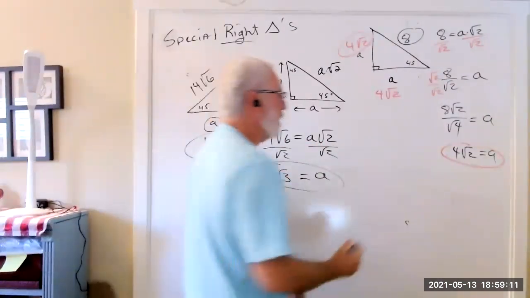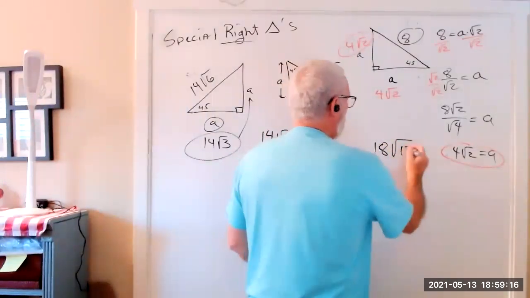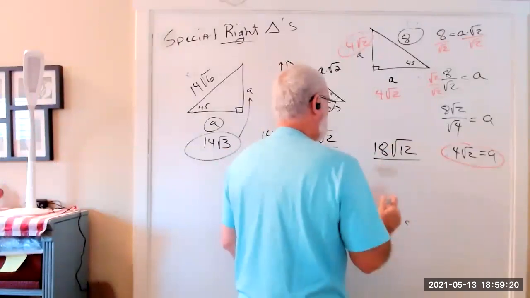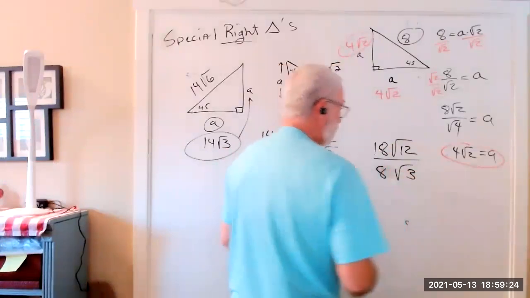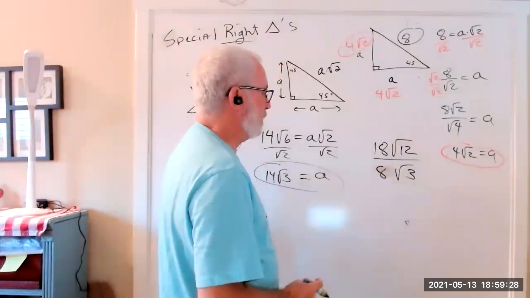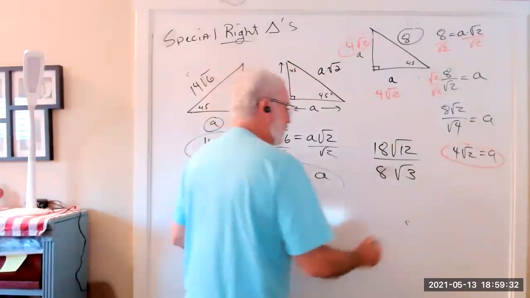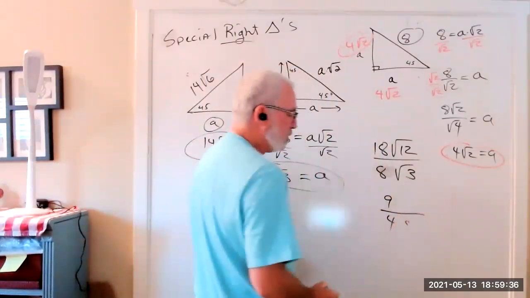Going back, if we had 18 radical 12 over, let's say 8 radical 3. We did something like this when we were back studying this. We said you can reduce 18 and 8, that becomes 9 over 4.